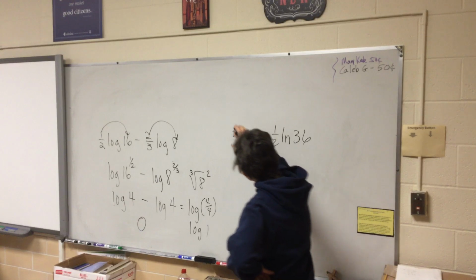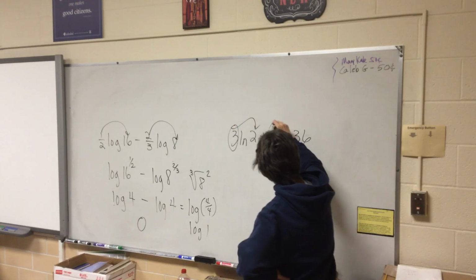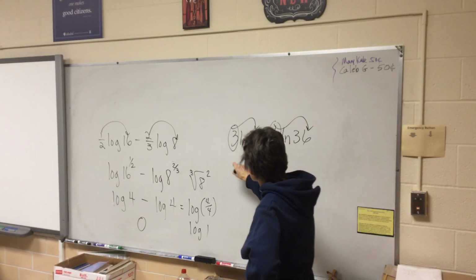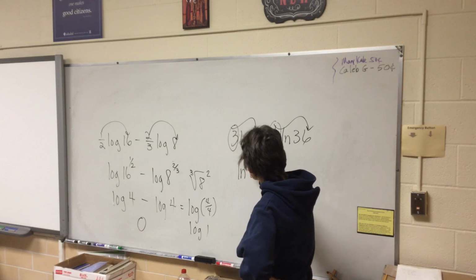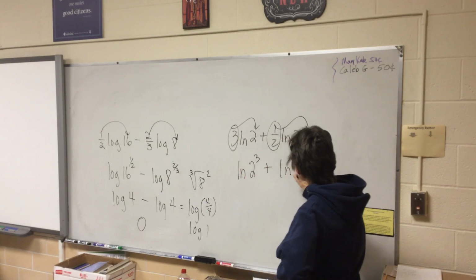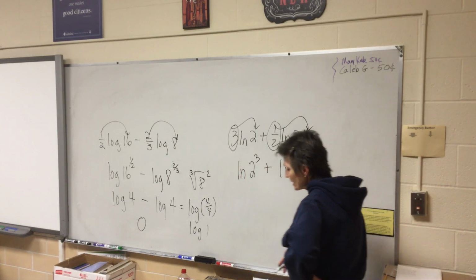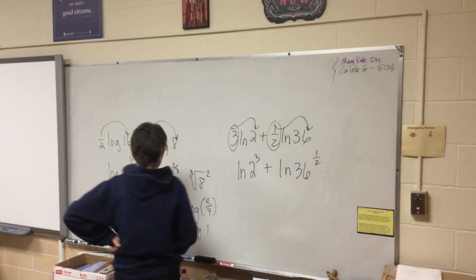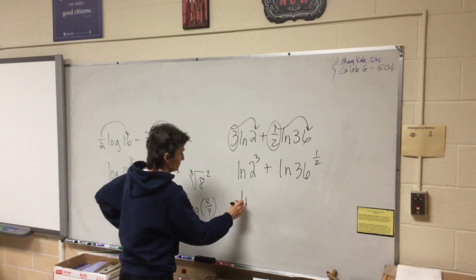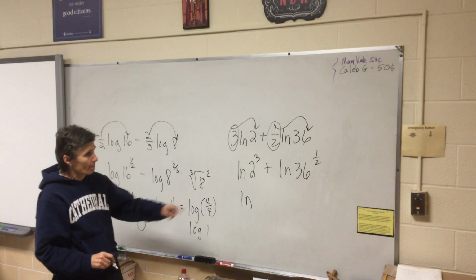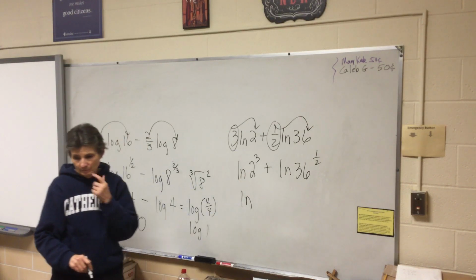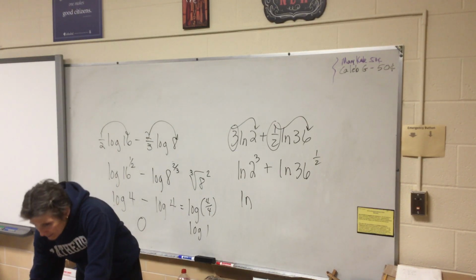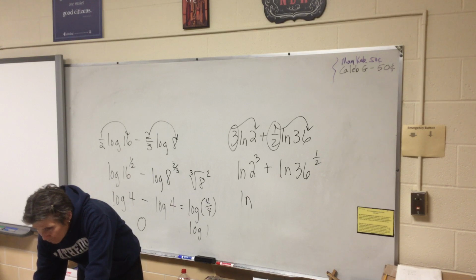First thing I gotta take care of are the exponents. So it's gonna be ln 2 cubed plus ln 36 to the 1/2. Tyler Kunkel, what's 2 cubed? Can you repeat that? You wanna wake up and pay attention here?